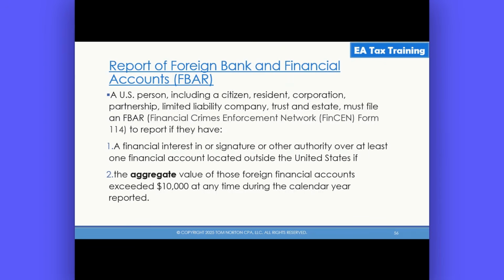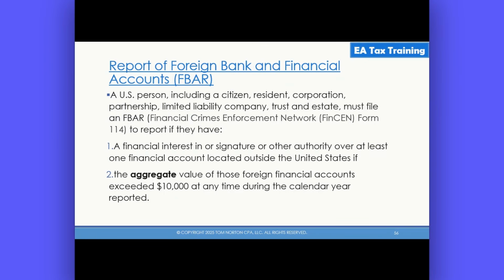If you meet these requirements, you have to file this FBAR. You file it if your business, in this instance, had a financial interest in or signature or other authority over at least one financial account located outside the United States if the aggregate value of those foreign financial accounts exceeded $10,000 at any time during the calendar year.